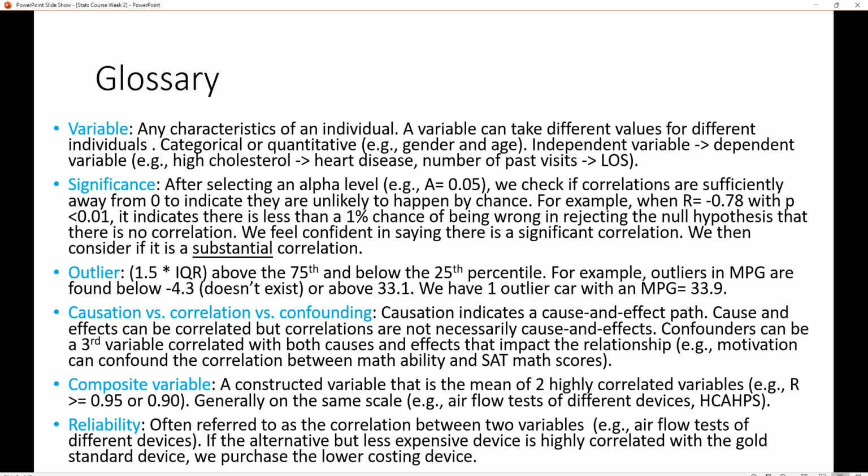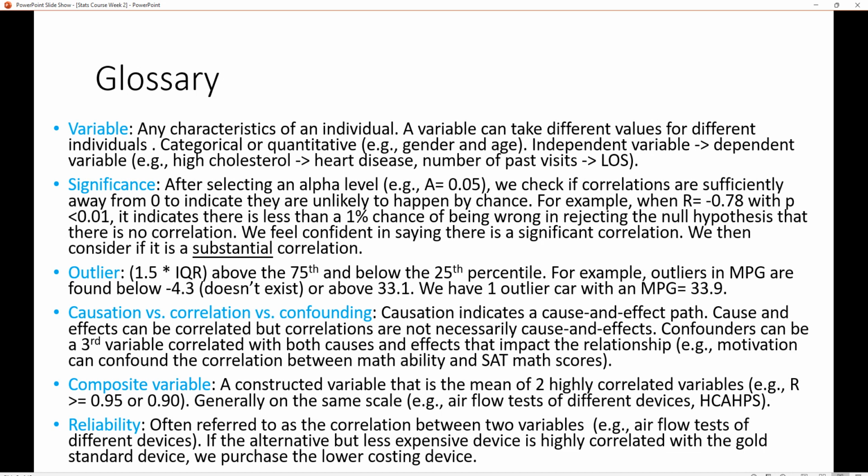Before we get going further, we'll cover a glossary of terms that I'll cover in this discussion. For example, a variable is any characteristic of an individual. A variable can take different values for different individuals. Variables can be categorical or quantitative, for example, gender and age.